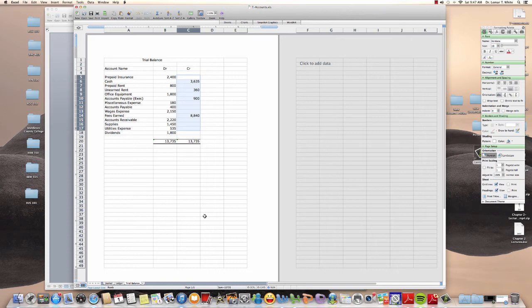For example, if these two numbers are different and the amount of the difference can evenly divide by 2, so let's say it came out to be a difference of $26. 26 can evenly divide by 2.